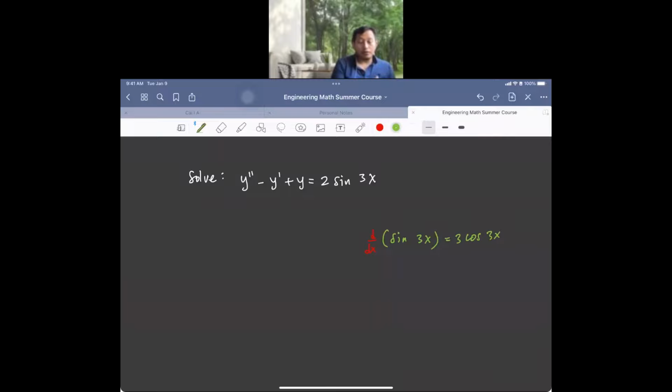And if you keep deriving, you will see sine, cosine, right? So for the guess, it is going to have two components. You need to have these two components.